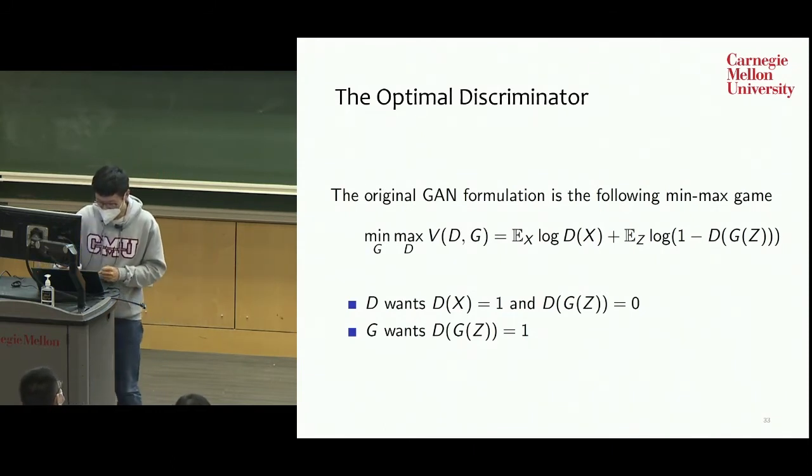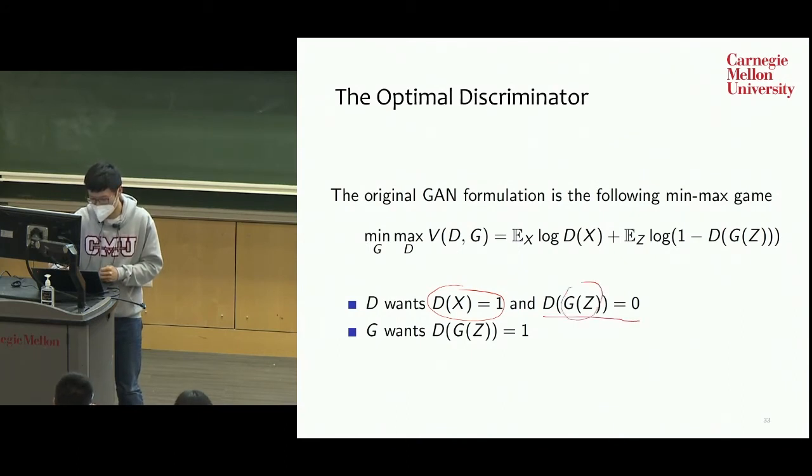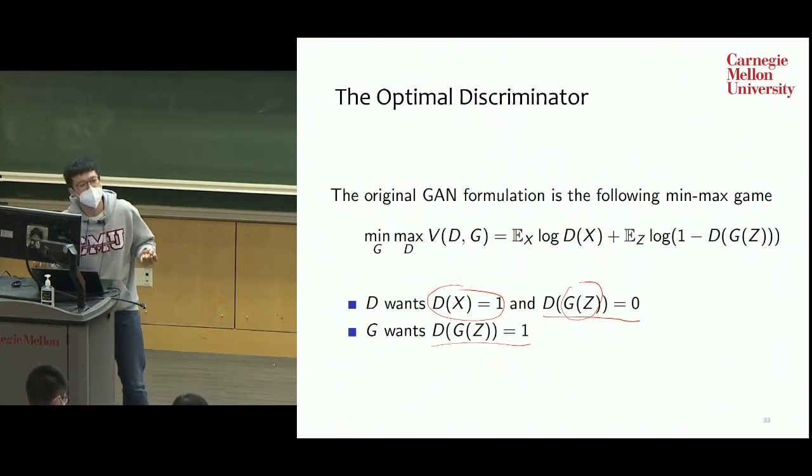So the discriminator wants to identify D(x) as 1. You want to identify real images as 1 and fake images as 0, right? G(z) comes from the generator, and the generator simply wants D(G(z)) to become 1, right?